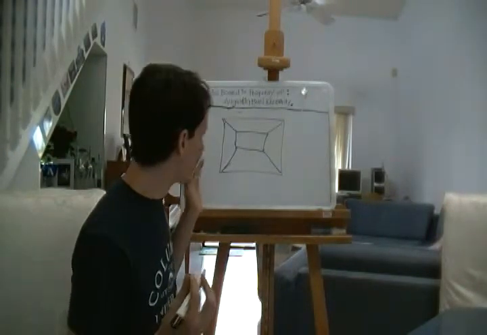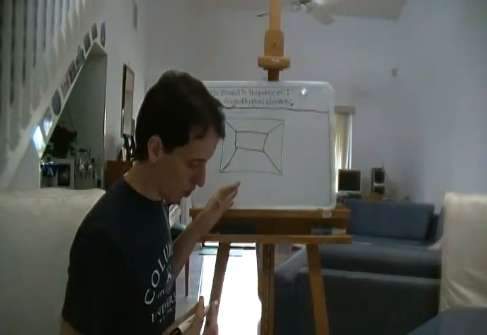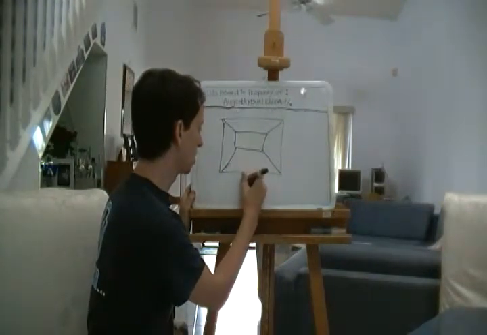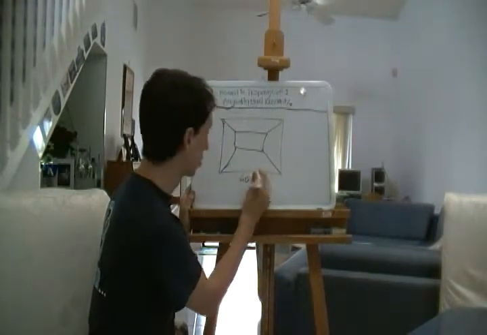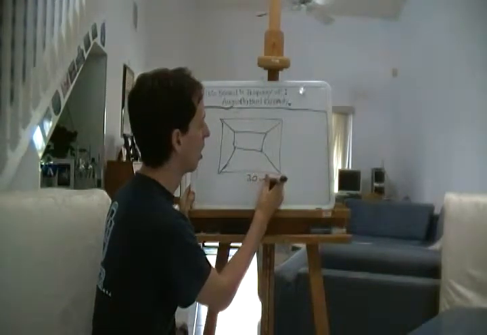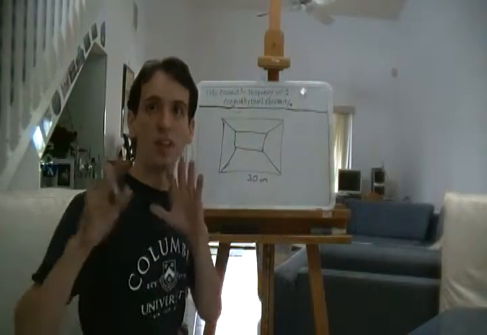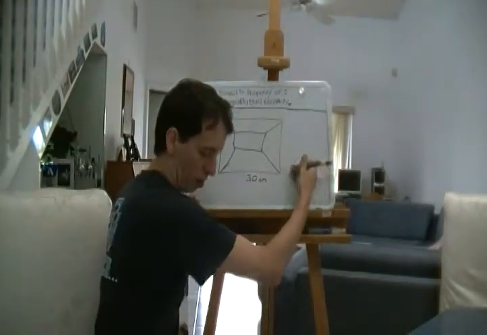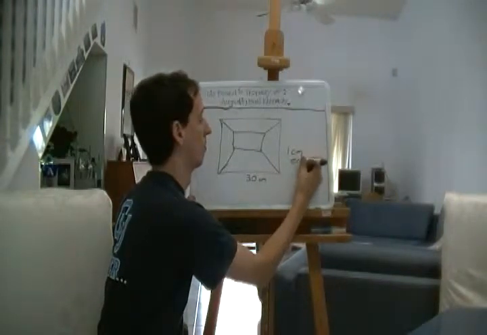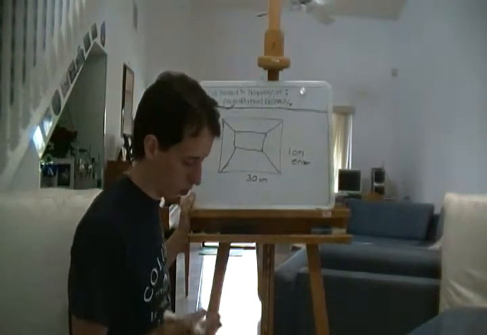The way that this works is that we know that the edge of the cube, one edge, is going to be 30 centimeters. Alright? And we know that the error, the maximum error, is 0.1 centimeter.